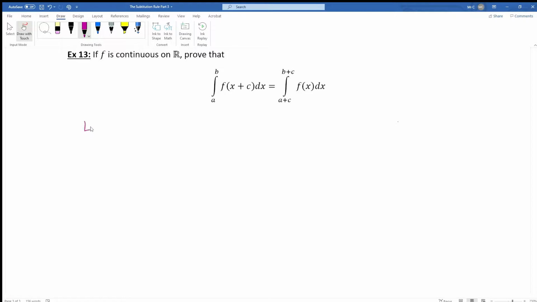So we're going to start out by just making a substitution. We want to get rid of this x plus c. So we're going to let x plus c be equal to u. That would imply that du is equal to just dx.